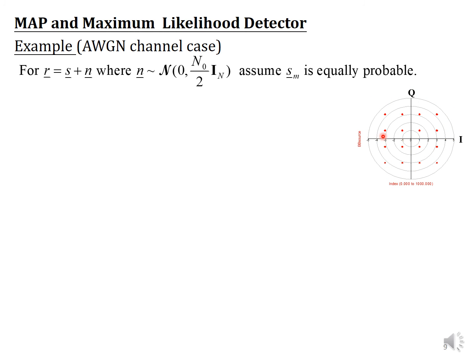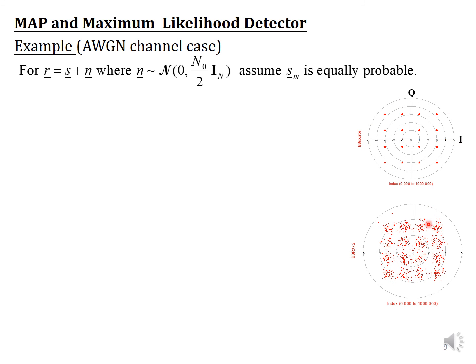For example, say this is the transmit signal at the transmitter side. That is perfect on the constellation.